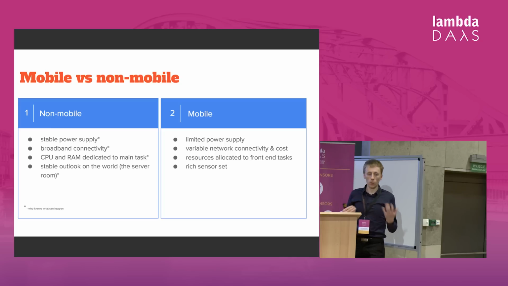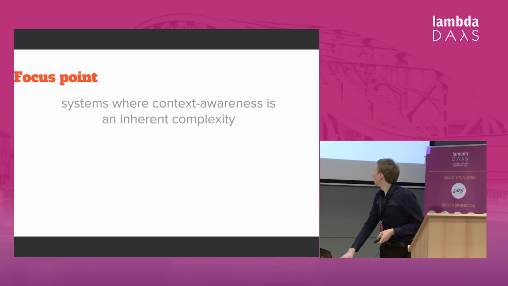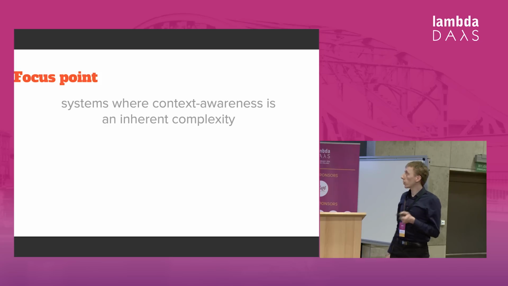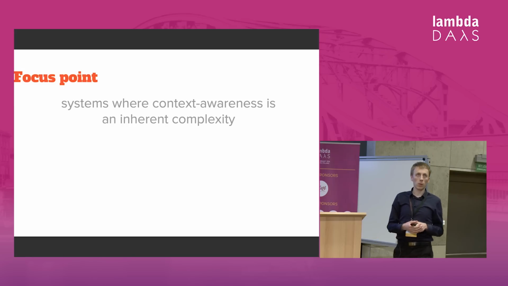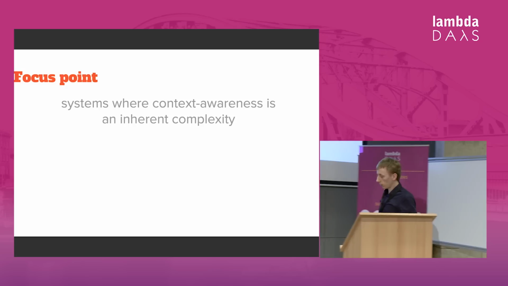Okay, what's the world outside? And just to set my point, I'm focusing on systems where context awareness is an inherent complexity. So we are building an application where without the context, this application would not make sense, or would have very limited capabilities. So it's strictly for that.